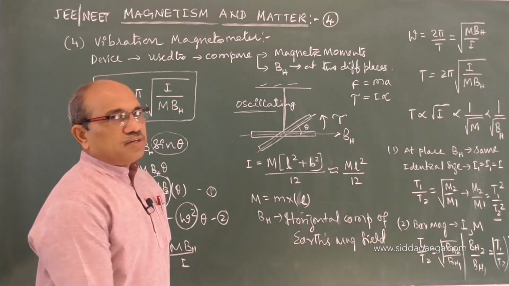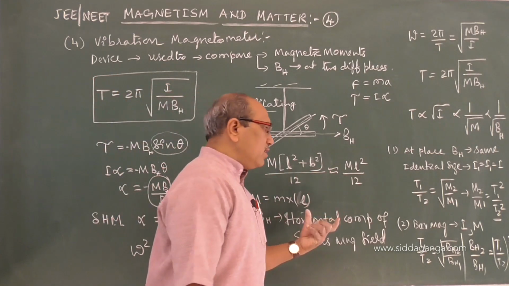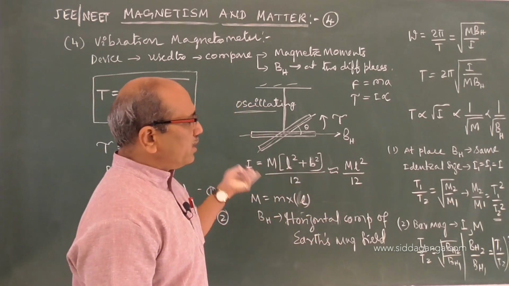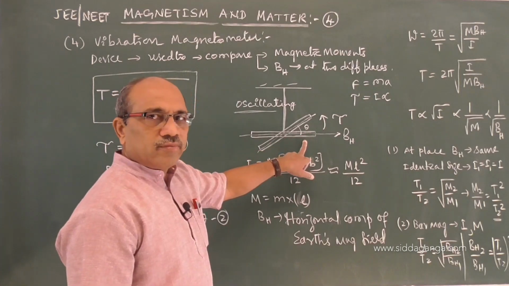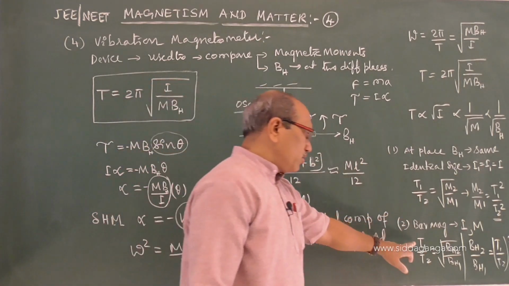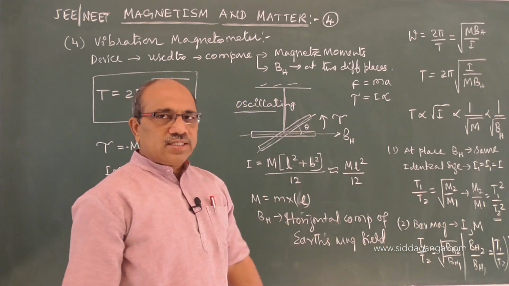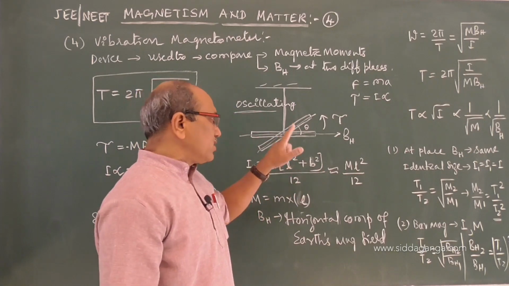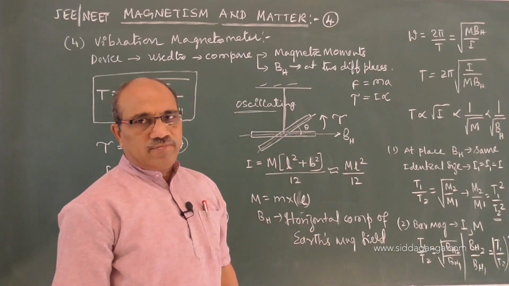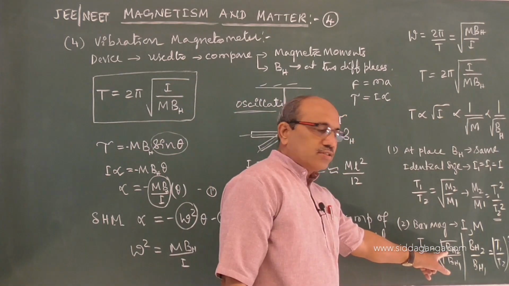So at one place, we use one bar magnet and calculate the time period using the vibration magnetometer. T1 we got, where BH1 is. You go to another place, and again using the same instrument and same bar magnet, measure the time period where BH2 is.